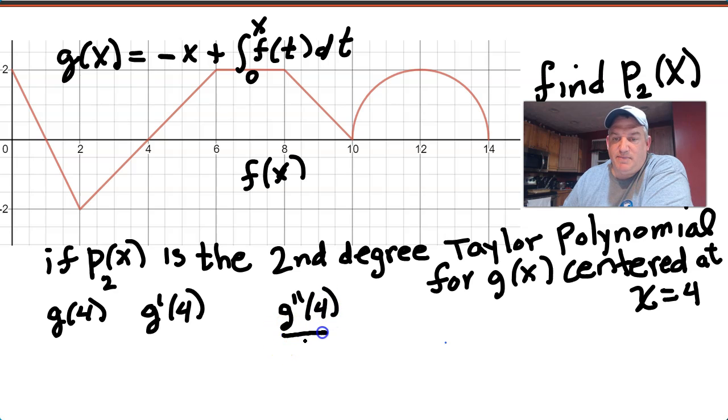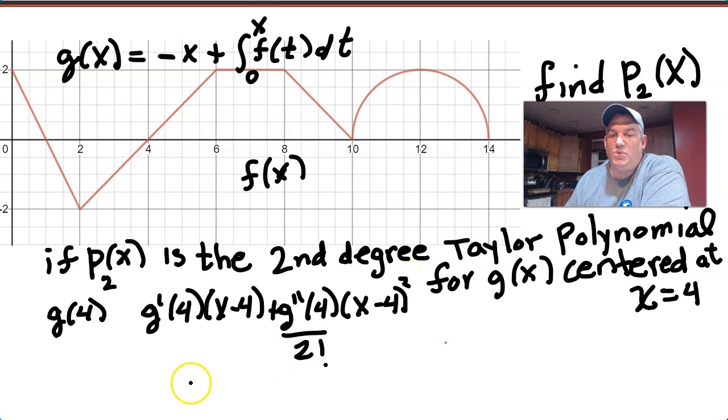And that one's going to be divided by 2 factorial, or 2. And this one will multiply by x minus a, or x minus 4. And we'll have plus here. And then we'll multiply this one by x minus 4 quantity squared. And that's it. All we got to do is figure out what these three values are.